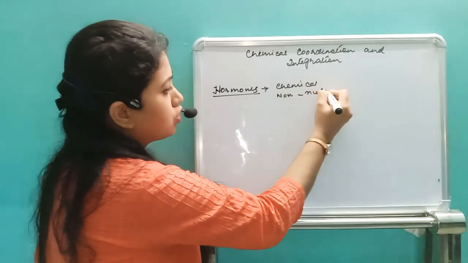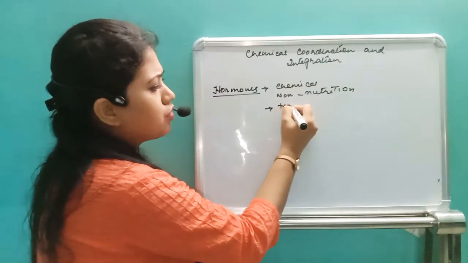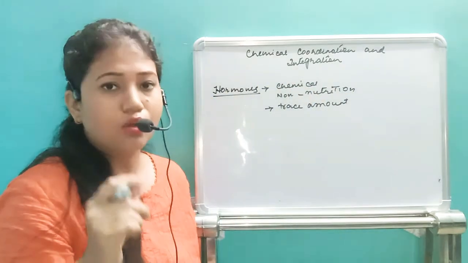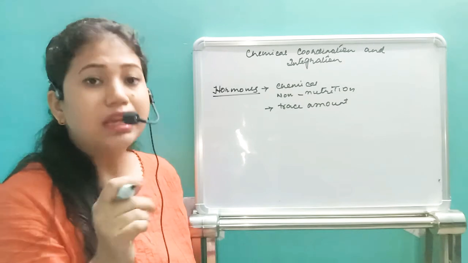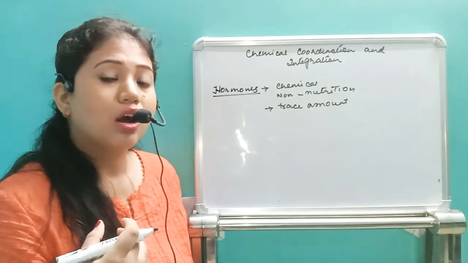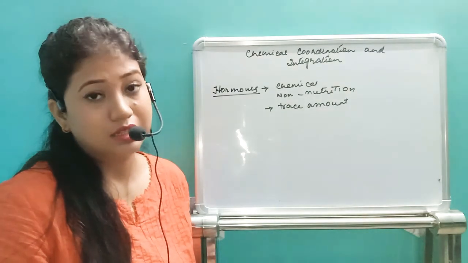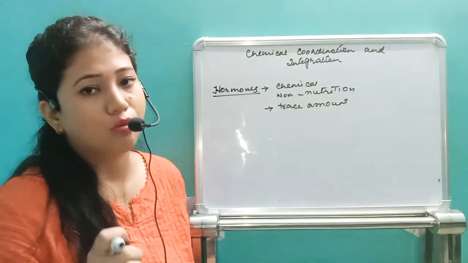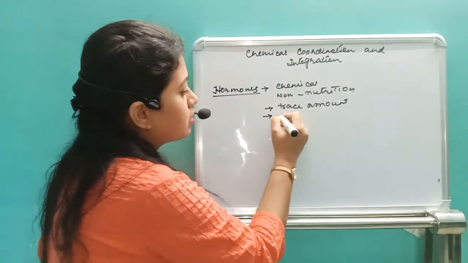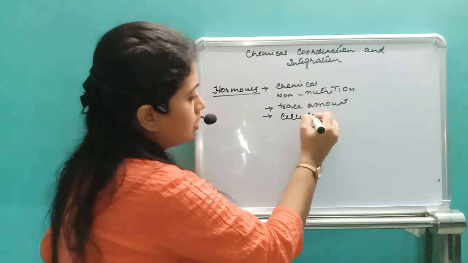That means they are not going to give nutrition to organs. They are released in a very trace amount, which means a very small amount. Even in milliliters, they are going to work or stimulate, or we can suffer from hyper or hyposecretion. We can suffer from different diseases. So very little amounts of hormones are released, and they work on the intercellular level, on the cellular level.